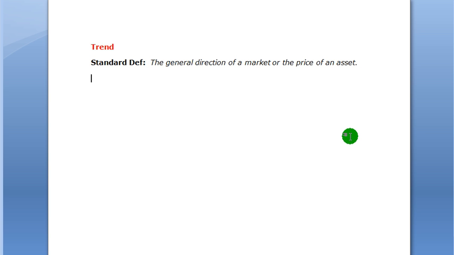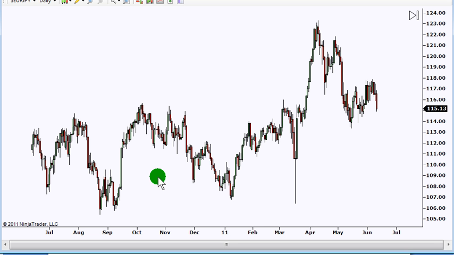Wow. Okay, well, let's bring up a chart and take a look at something here. This is the Euro Japanese Yen daily chart, Forex pair. Looking at this market here, what do you see? Well, we hear if the market starts in the bottom left and goes up to the top right, we're in an uptrend.